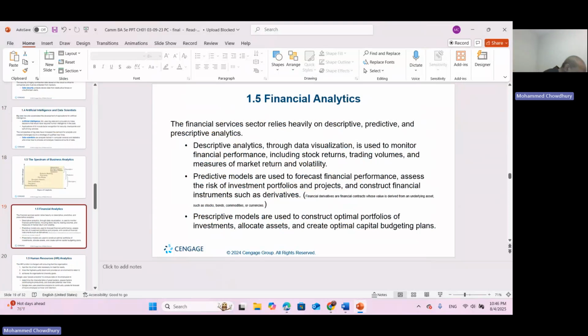And volatility means, suppose in the morning when the stock exchange started at 9 a.m., it looks very good. But at 3 p.m., a global event happened. That means Saudi Arabia said that they found big reserves of oil.